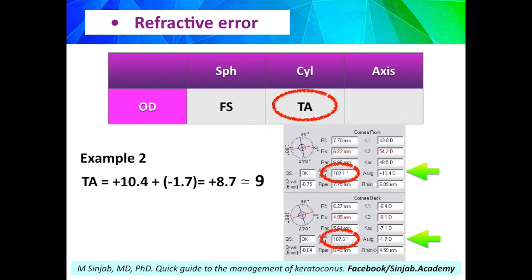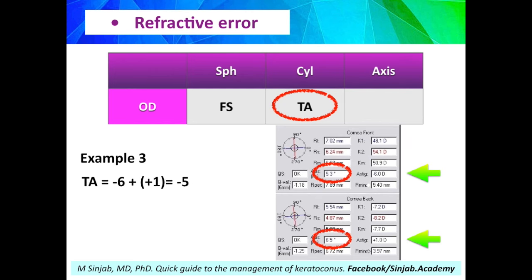This is example number 2. The topographical astigmatism in this case equals plus 8.7, approximately 9. So it is 9 diopters, and I will use it as -9 diopters in the table. This is example number 3. The topographical astigmatism equals -5 diopters.